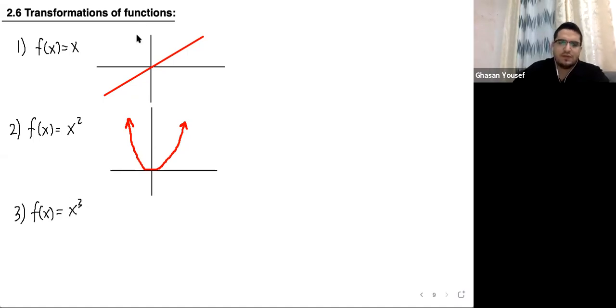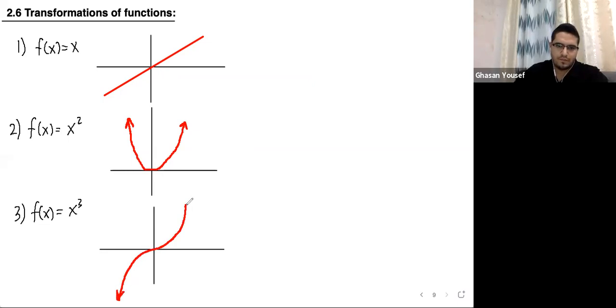The graph of this function looks like this. This is the graph of f of x equals x cubed.